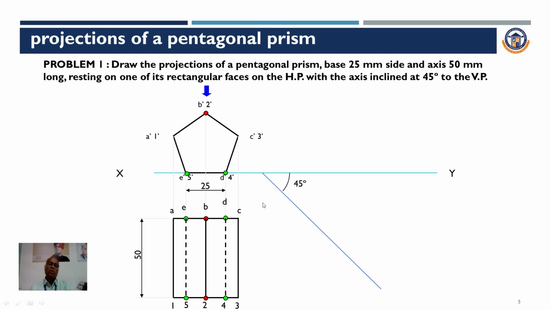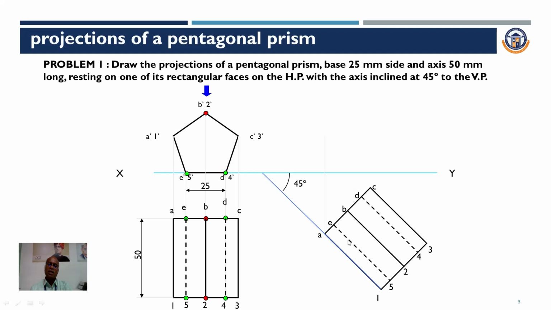Then go to the change of position method. First draw an inclined line at 45 degrees to the XY line. Then draw the rectangular view in this new position and mark A, B, C, D, E and 1, 2, 3, 4, 5.